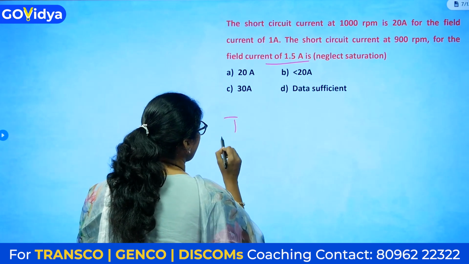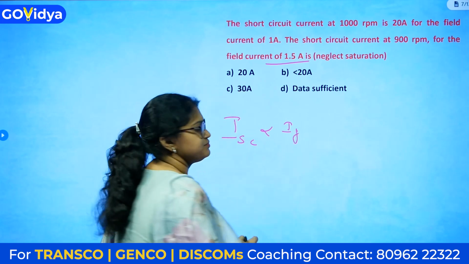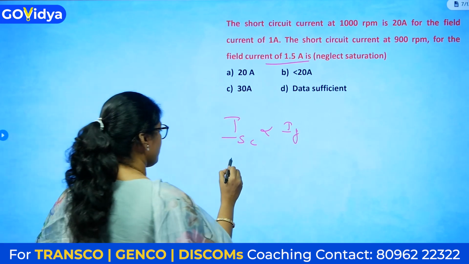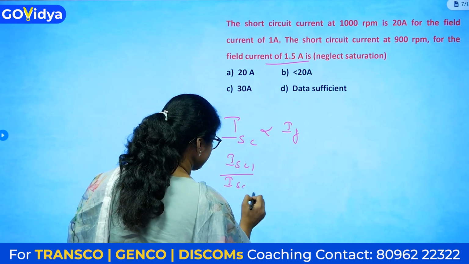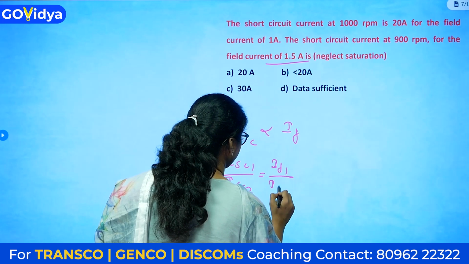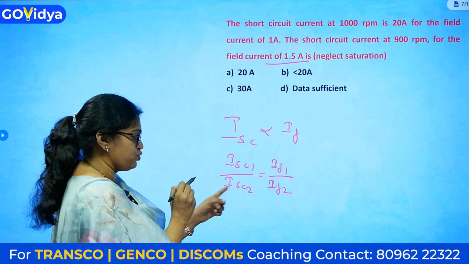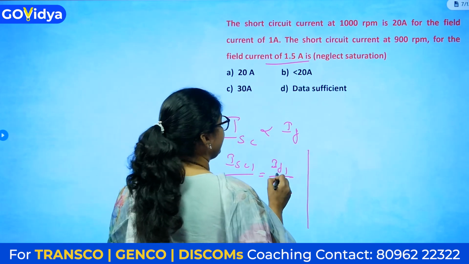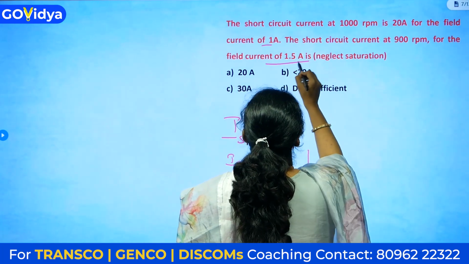And one more thing, short circuit current is directly proportional to the field current. So ISC1 by ISC2 is equal to IF1 by IF2. I have to calculate this ISC2 value, the second short circuit current. The field currents are 1 ampere and 1.5 amperes.